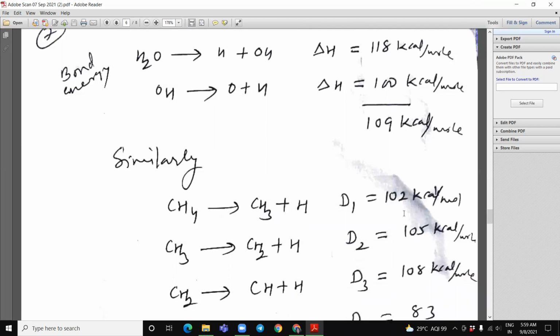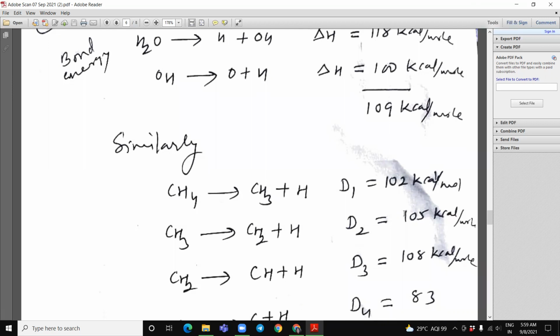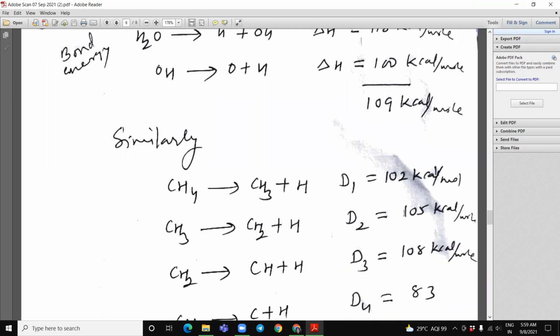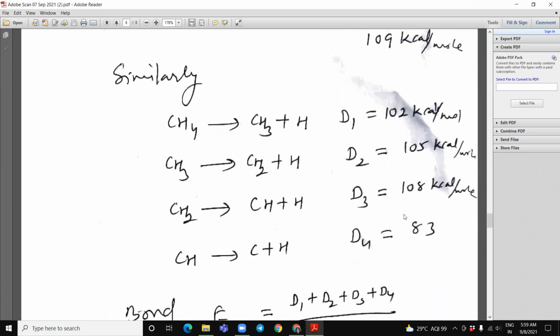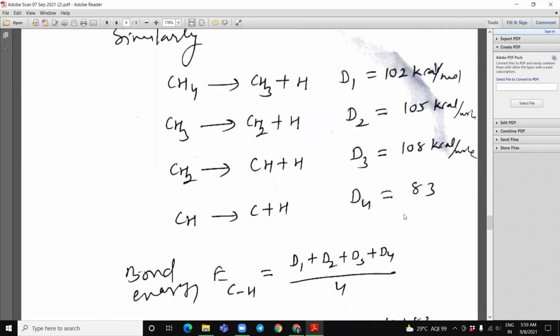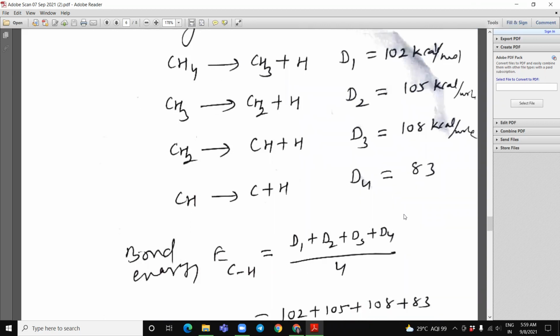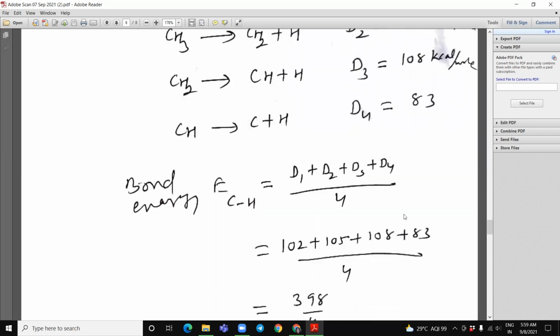Similarly, methane: bond dissociation of methyl plus hydrogen, bond dissociation energy D1 is 102, methylene to hydrogen D2 is 105, methyne D3 is 108, carbon-hydrogen D4 is 83.